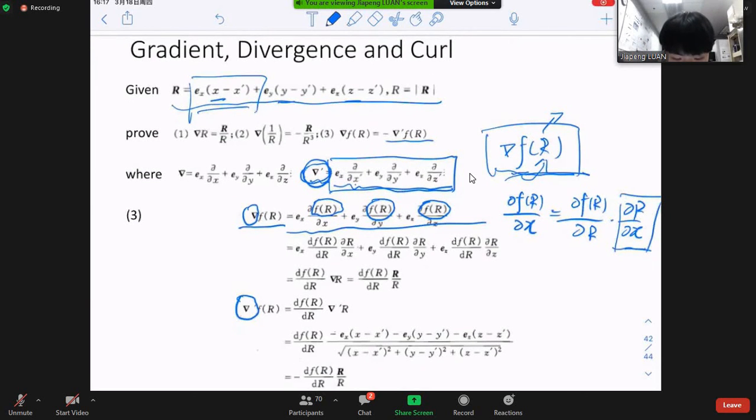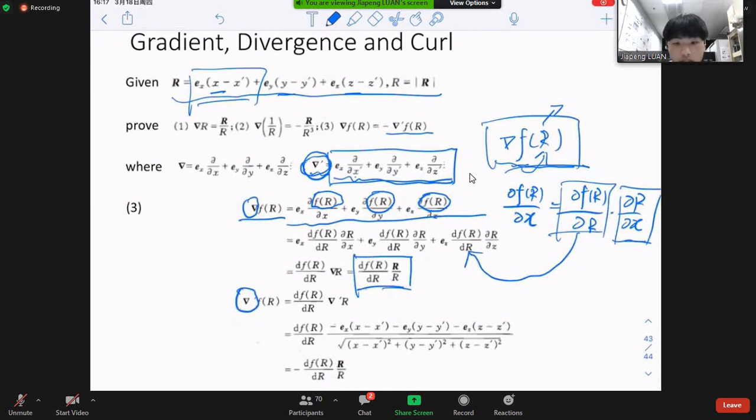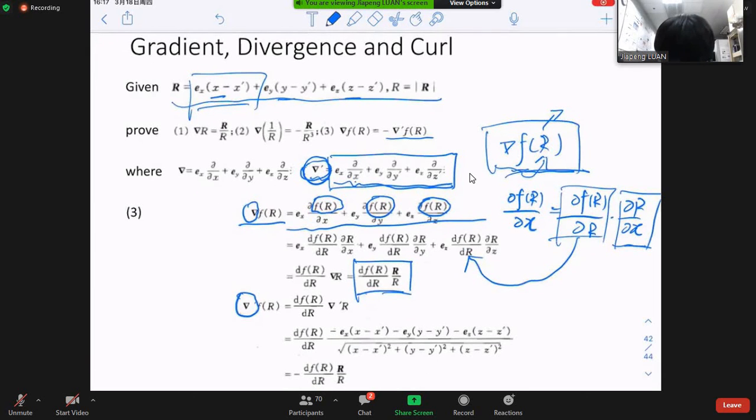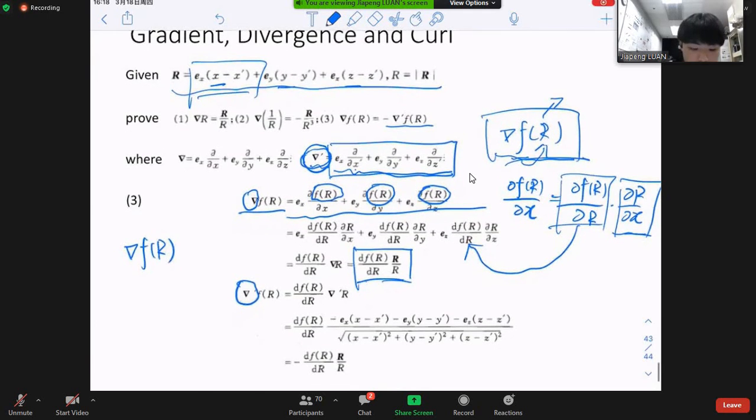And also this is something that you don't know, so you just write it here, and then you can get the solution of this, right? So when you try to calculate something like this, you remember to use the chain rule, and don't make yourself confused by what form of this is.